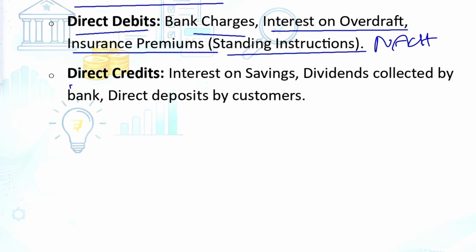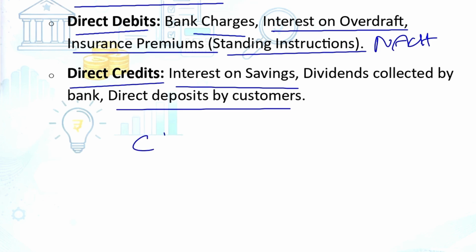And on the credit side, interest on your savings account will get credited. If you get any dividends, those are deposited. And any direct cash deposit or check deposit, all these are credits of a firm. Okay.